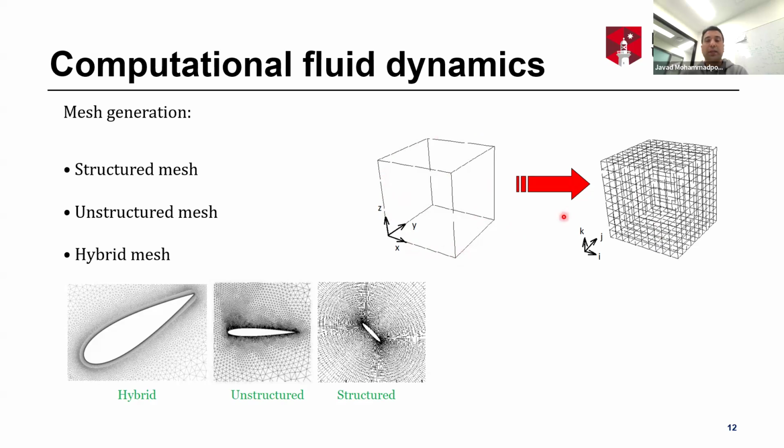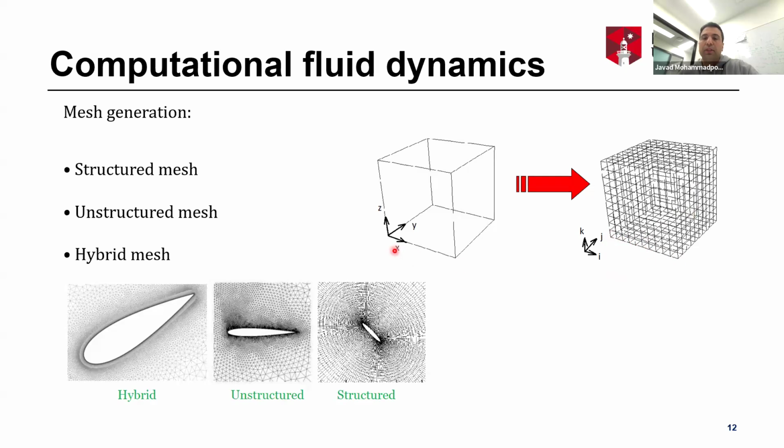It's like a sweeping. So we need to divide the computational domain into tiny, small steps. For example, here the number of divisions is 10. It means that we have 10 equal and uniform cells in each direction.